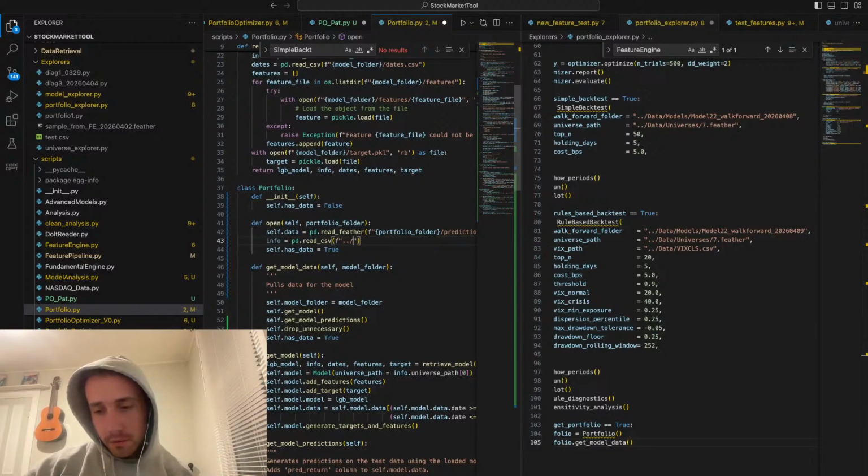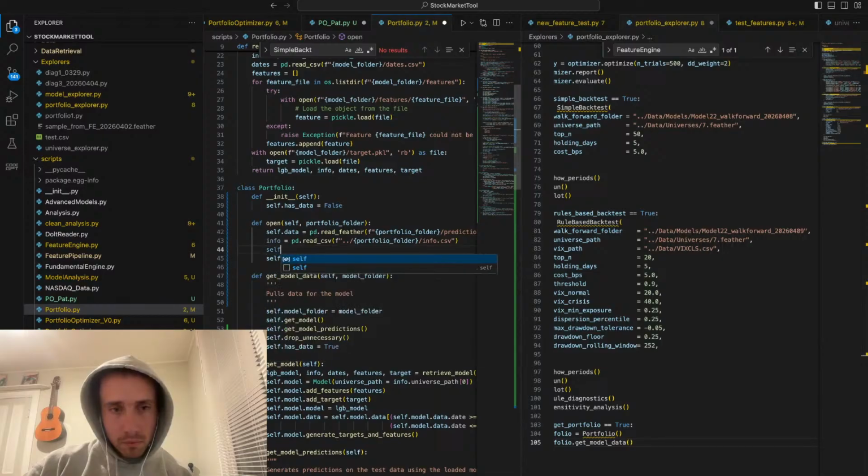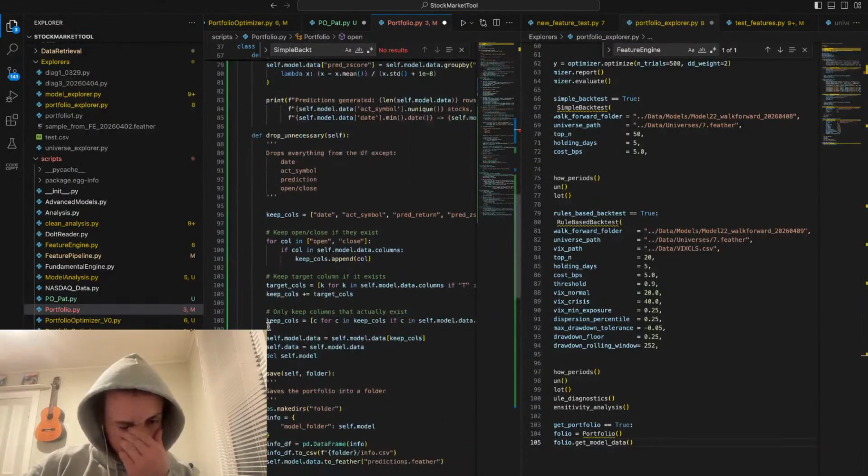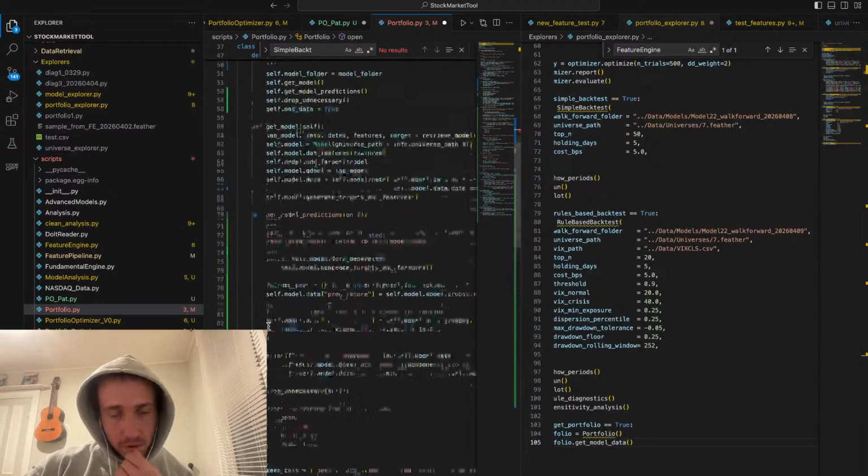Let me try again. Info dot model folder.